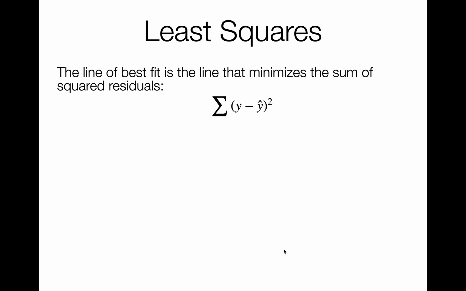The answer would be that I have some residuals which are negative and some residuals that may be positive. And so if I don't square them, then I could have cancellation. I could have a really bad line that has really strong positive residuals and really negative residuals. When I add them together, they're going to cancel out.